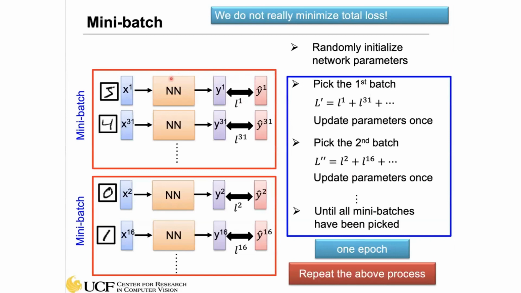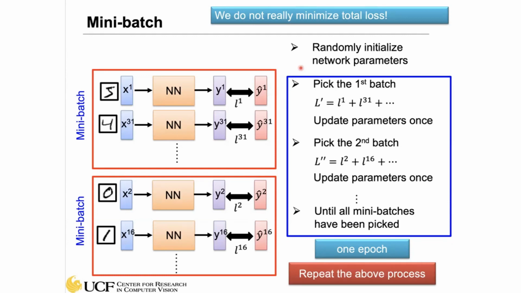So here is basically how we can use the mini batch to do the optimization. Let's again consider this digit classification problem. Let's say we have 100 total images, and we still want to use the mini batch to quickly optimize the network parameters.